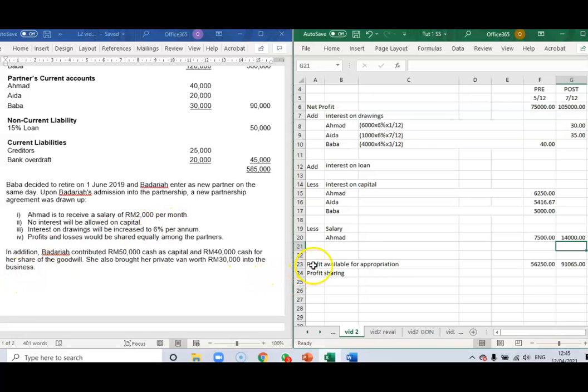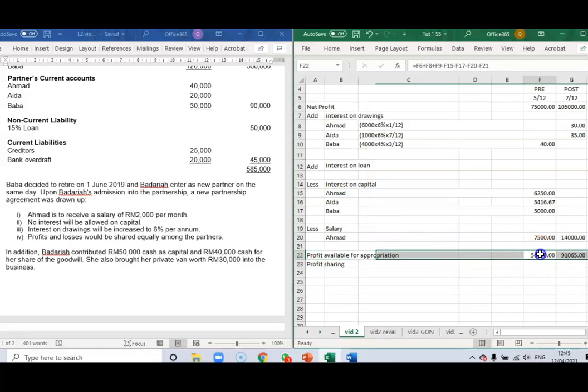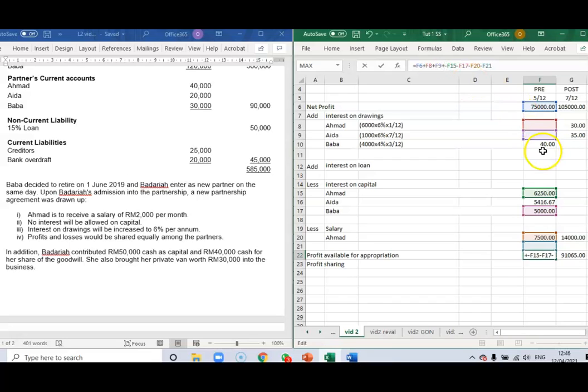Then you will have the profit available for appropriations. Okay, so we need to have the interest on drawings report.